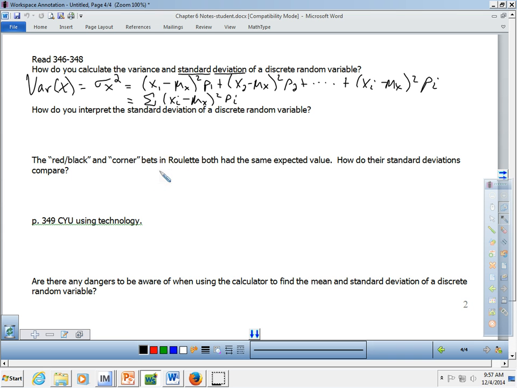How do you interpret standard deviation? Again, it's a lot like the way we interpret standard deviation for just a regular variable. We want to talk about that this gives you an idea of, on average, how far values are from the mean. And I'll do this in terms of rolling the die 3 times. That was the last example that we had for calculating the mean.